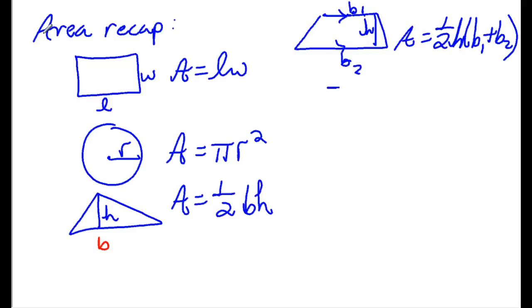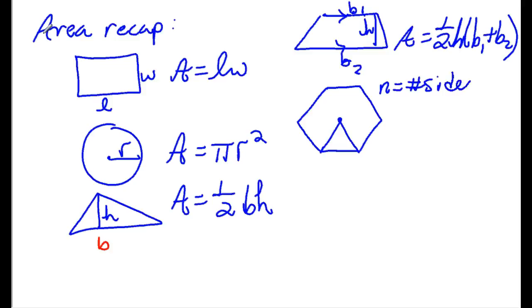For our regular polygons, remember it's all about the triangle. Remember, n is equal to the number of sides. We're really finding the area of one of these triangles, and then multiplying it by n.